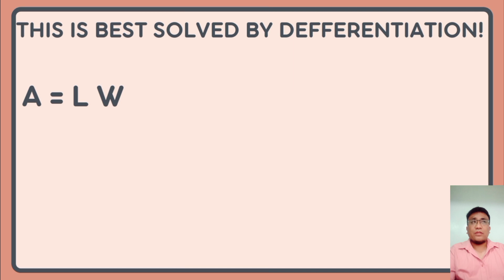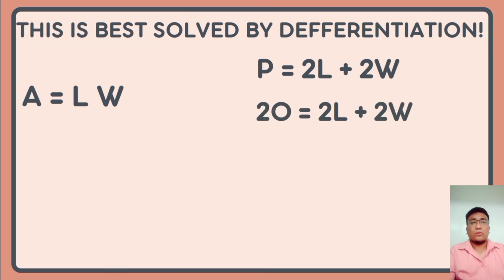But we have a condition that the perimeter is 20 meters, so maybe we can find some way to make this relationship between two variables. The perimeter is 2L plus 2W. We know that the perimeter is 20, so we can substitute: 20 equals 2L plus 2W.